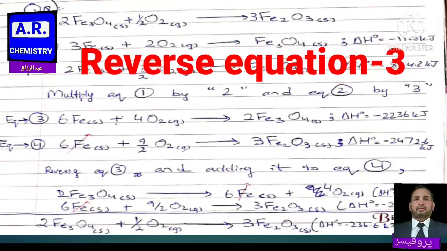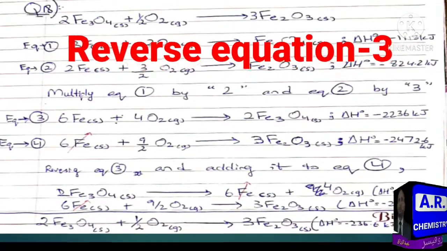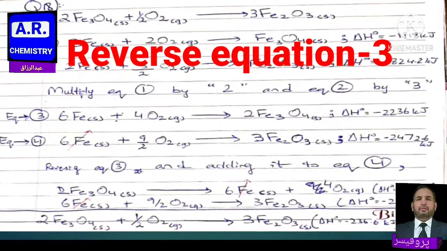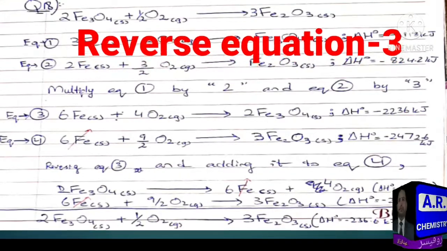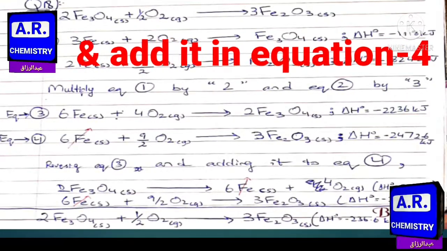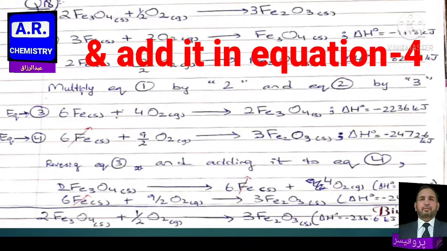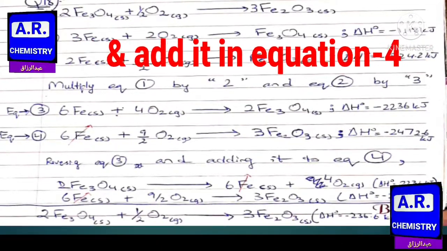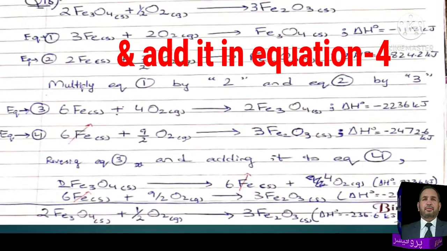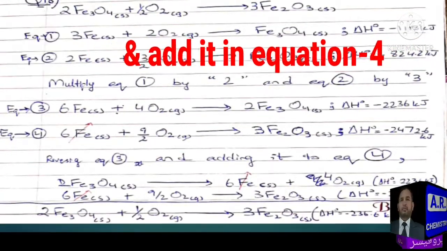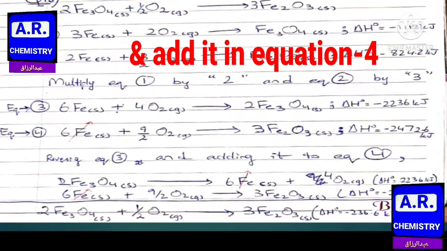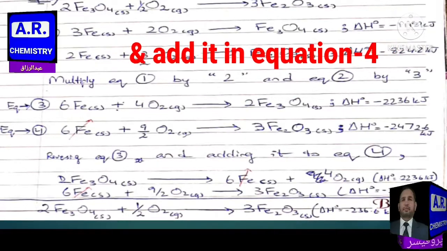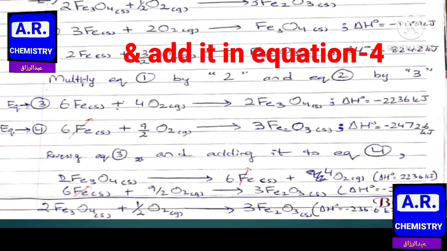While you are reversing, it means that things written on the product side should now be written on the reactant side, and the reactant side will become the product side. Otherwise, I have previously told you that you may put negative signs, you may subtract it. But if you write after reversing the equation, then you have to add both these equations. So after reversing equation 3 and adding it to equation 4, you will get the final equation.